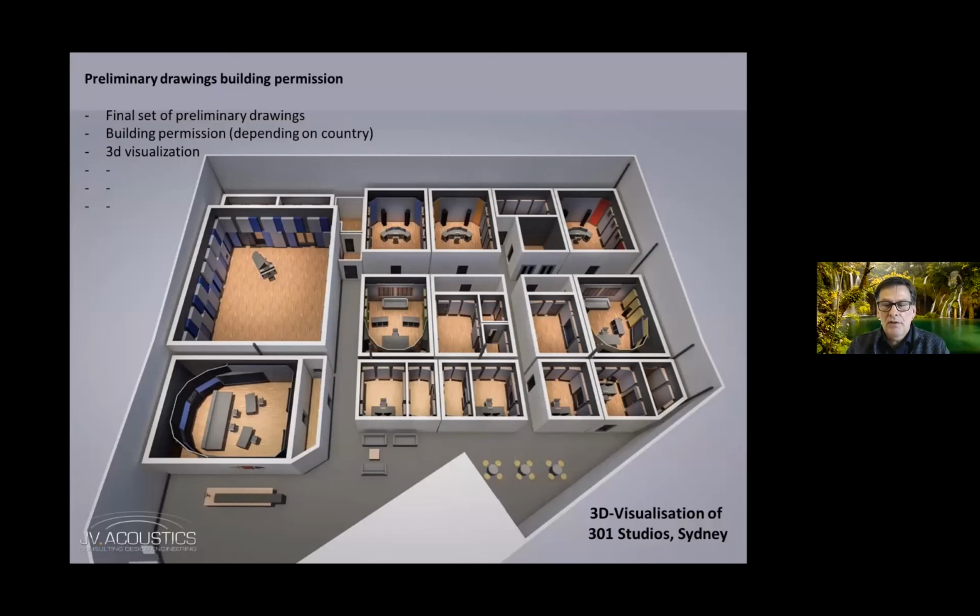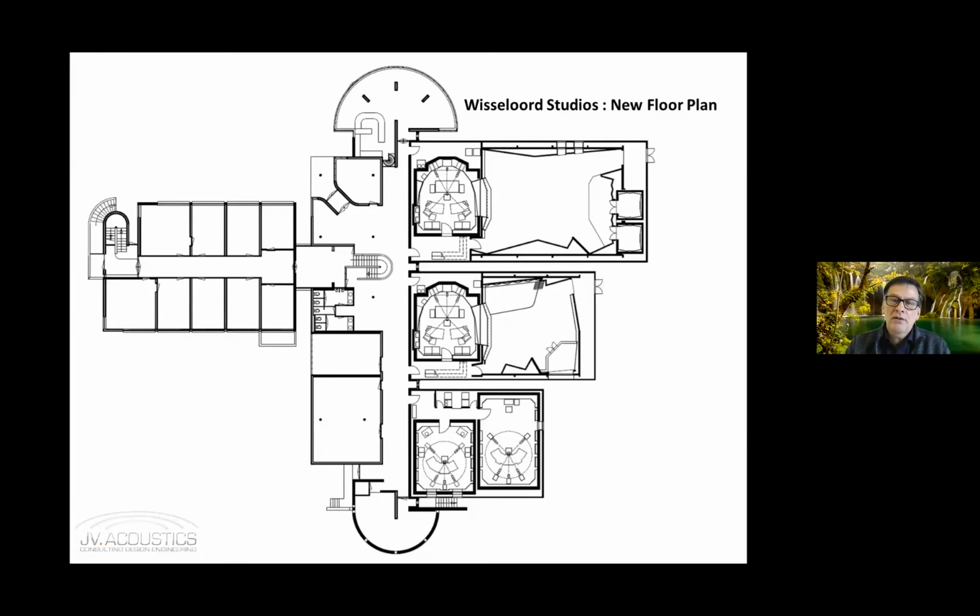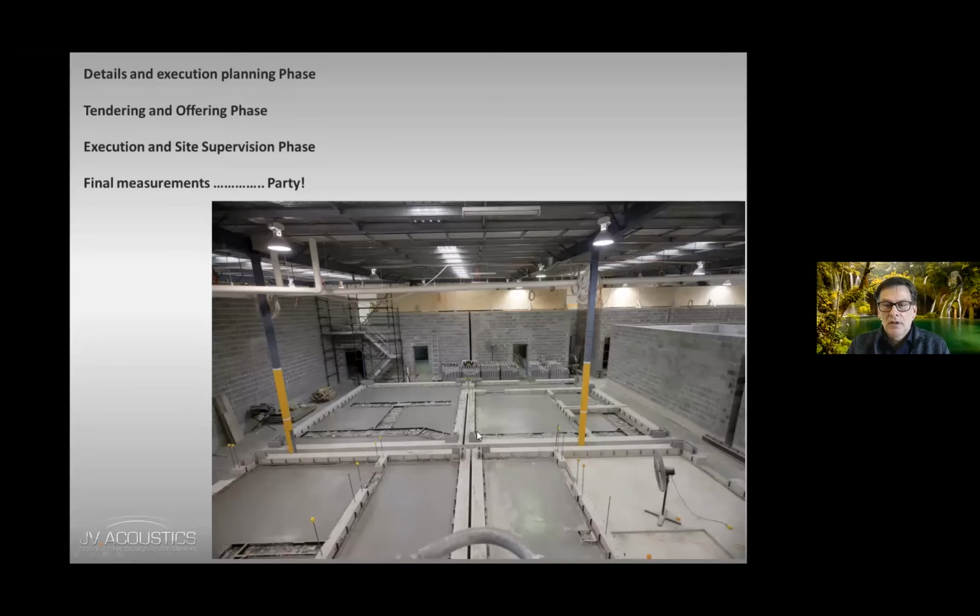This is the 3D visualization of 3.1. This is the solution. This is Wisseloord Studios. We turned the control rooms 90 degrees with a view to the sides. Those are mastering studios here. This is Sydney, the CMU build.